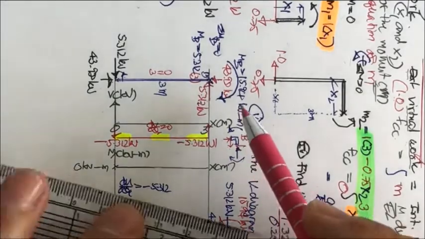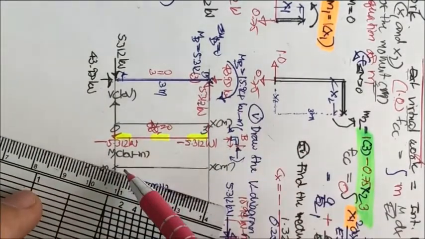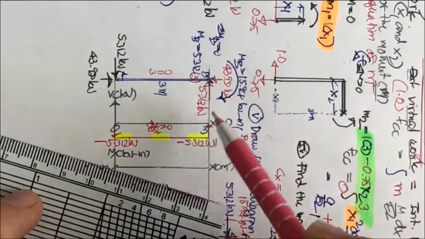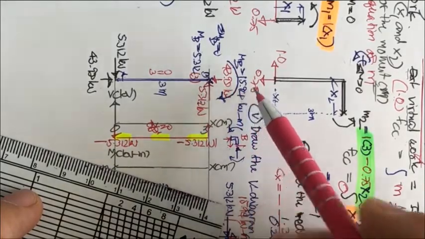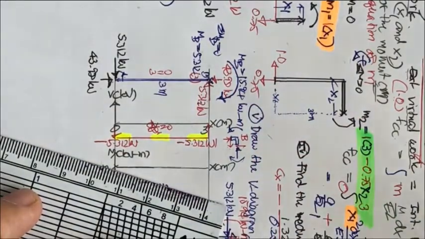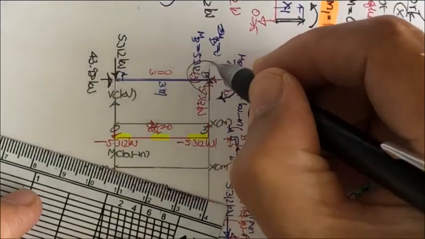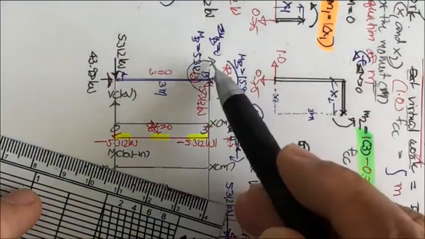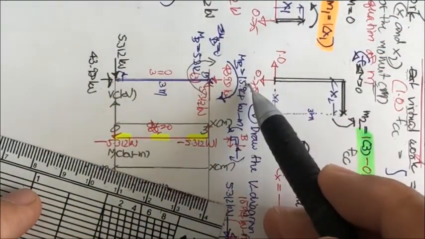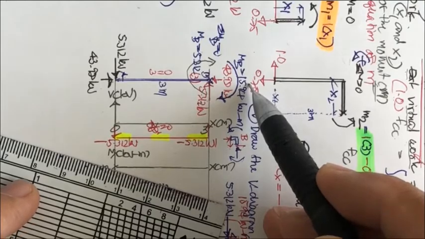Okay, and since this is minus, over here is 15.94, and also if you do the sign convention of M, M plus 15.94 equals 0, so M is going to be minus 15.94.